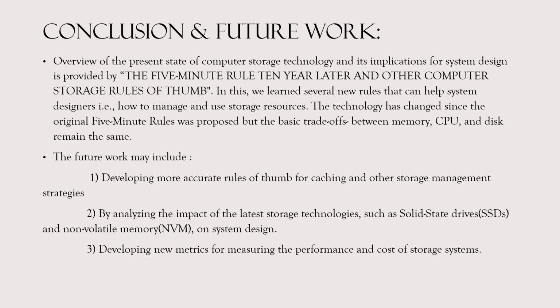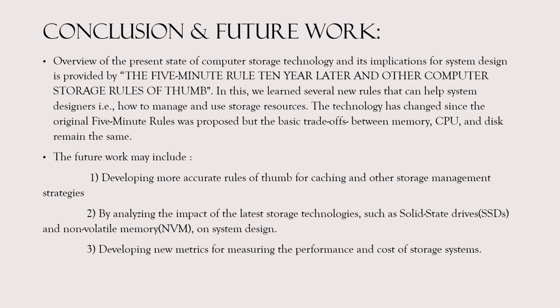In this, we learn several new rules that can help system designers manage and use storage resources. The technology has changed since the original 5-minute rule was proposed, but the trade-off between memory, CPU, and disk remains the same. However, the relative cost and performance of the resources has changed, and as a result, the optimal values for the 5-minute rule and other rules of thumb have changed.